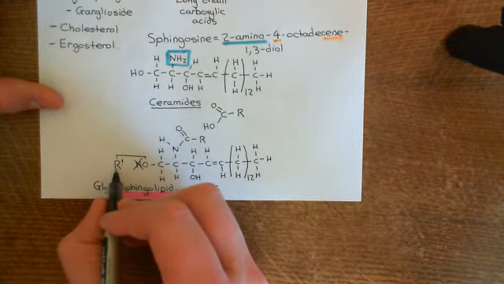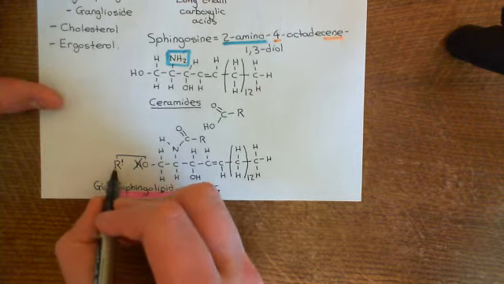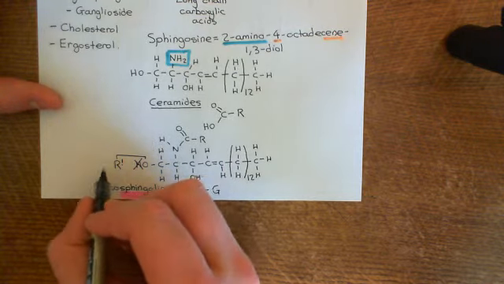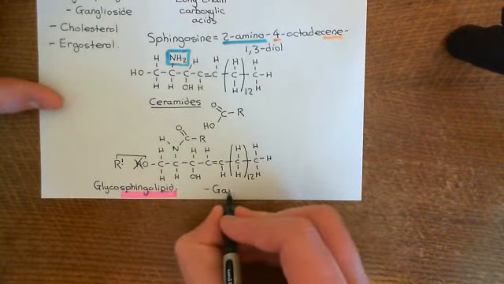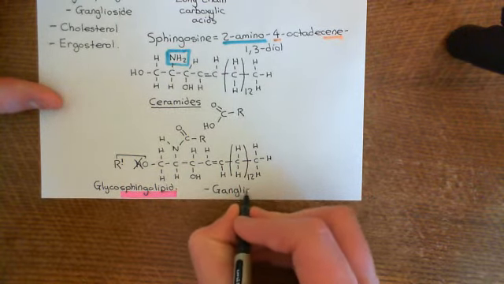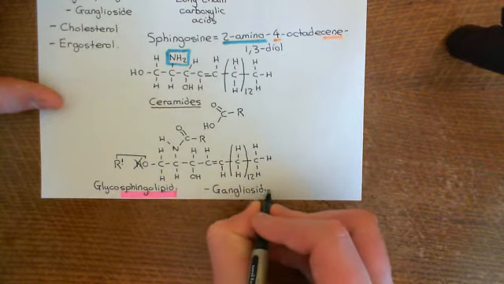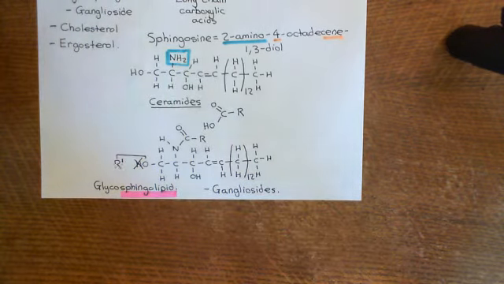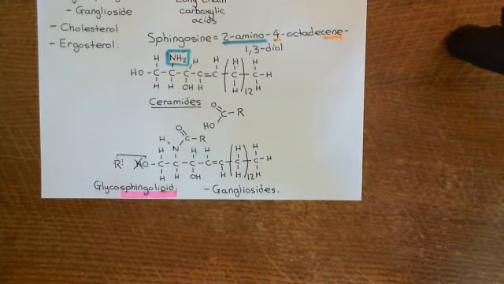Then in this second R group they will have a carbohydrate group, and this carbohydrate group will have a specific type of structure, so that this is then called a ganglioside. So gangliosides are specific types of glycosphingolipids. I apologise for any confusion that might have caused.